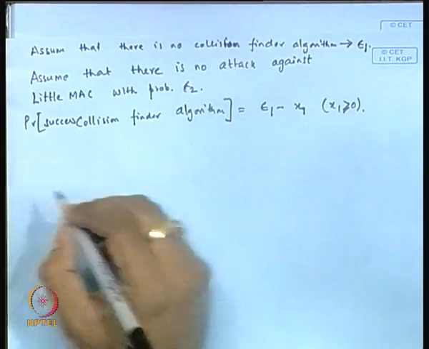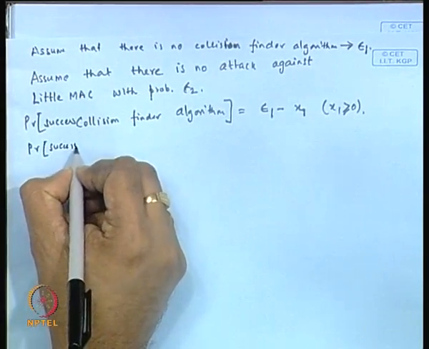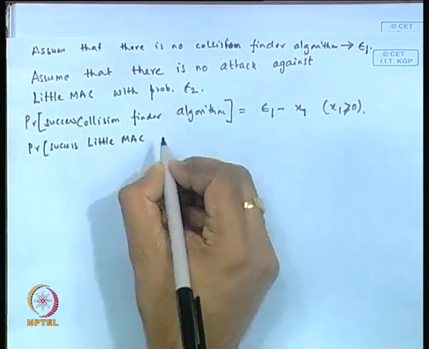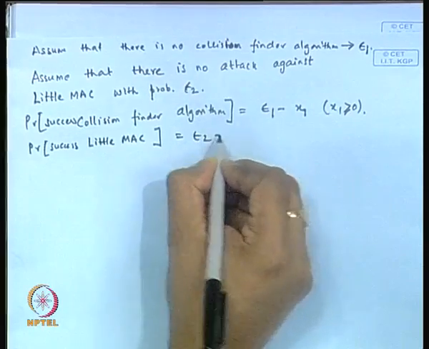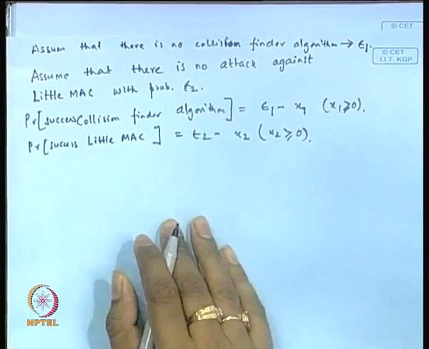The probability of success against the little MAC would also be epsilon 2 minus x2, where x2 is greater than or equal to 0, right.